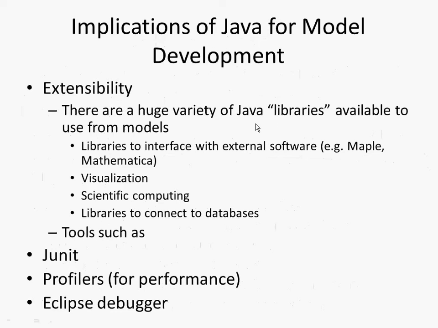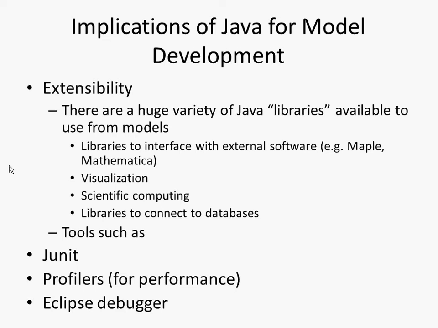What that means is your AnyLogic model can make use of an absolutely fantastically large set of functionality that other people have contributed out there. You can make use of that to extend the functionality of your model, to make it richer, to spare you from work, etc. So for example, libraries to interface with external software, visualization tools, scientific computing tools, libraries to connect to databases, libraries to connect with live data feeds, all sorts of stuff.